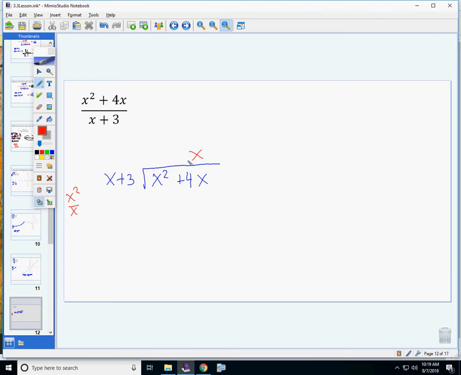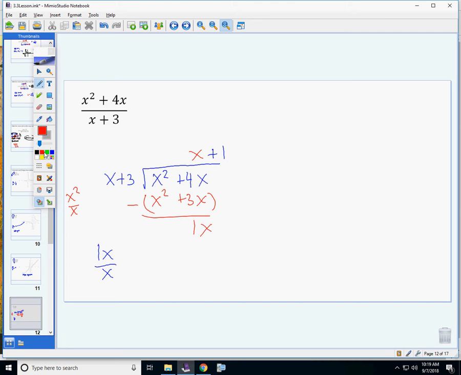Now at this point, remember you're supposed to multiply the x by the x plus 3, and we get x squared plus 3x. And then you subtract. 4x minus 3x, that's 1x. Then we take this 1x, you divide it by the x, and you get an answer of 1.